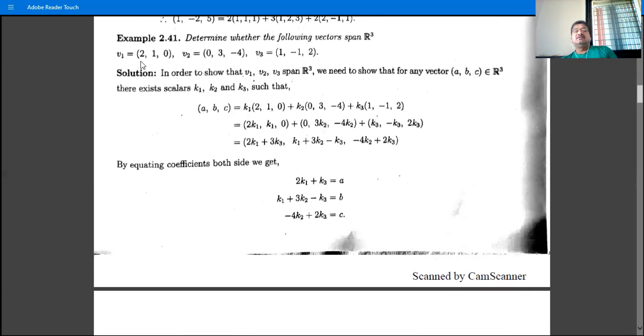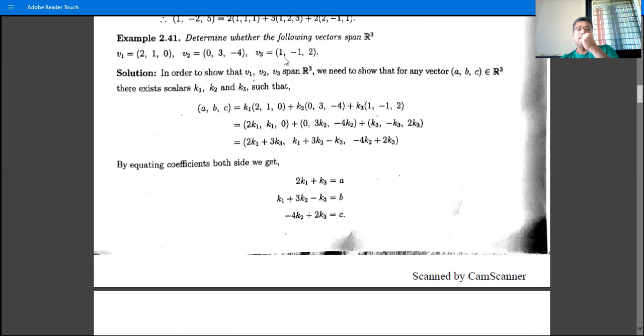We say that these 3 vectors span R3 if every vector of R3 is expressed as a linear combination of these 3 vectors.